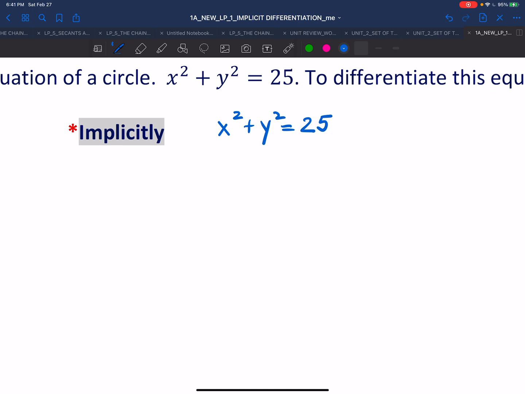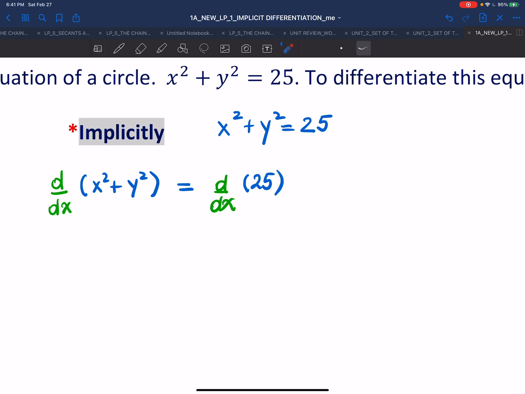So we take the derivative of each side of the equation in terms of x. So we say d/dx of x squared plus y squared equals d/dx of 25.